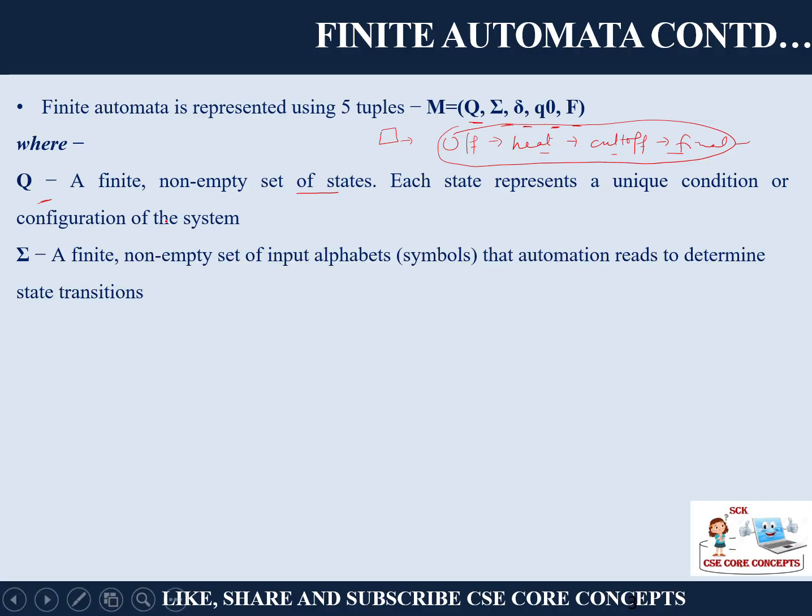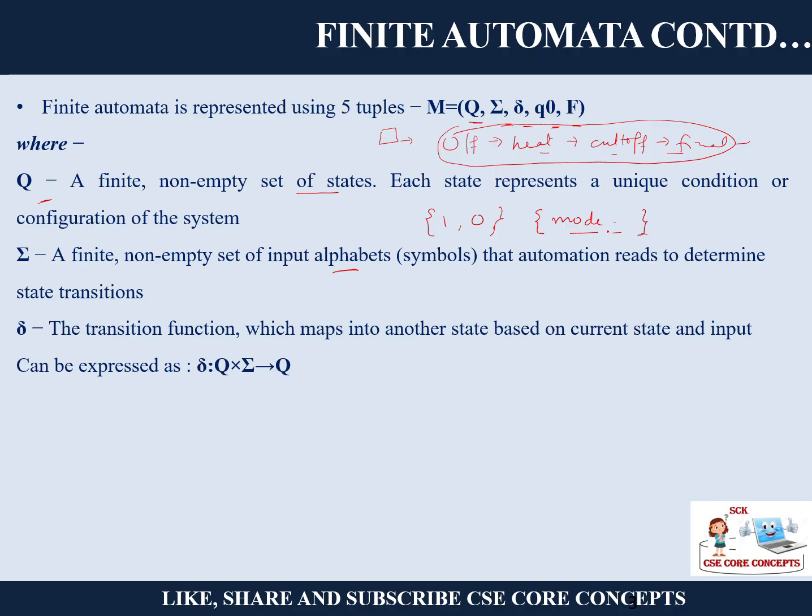Sigma is the input alphabet, like what are the possible inputs you can give. If I want to switch a fan on and off, I can have either 1 or 0 as an input, right? I cannot have multiple inputs. Let's say for a washing machine, my input range will be the mode of washing, what type of wash you want, a gentle wash, a cool wash. So they are the input range. Then you have delta, which represents the transition function.